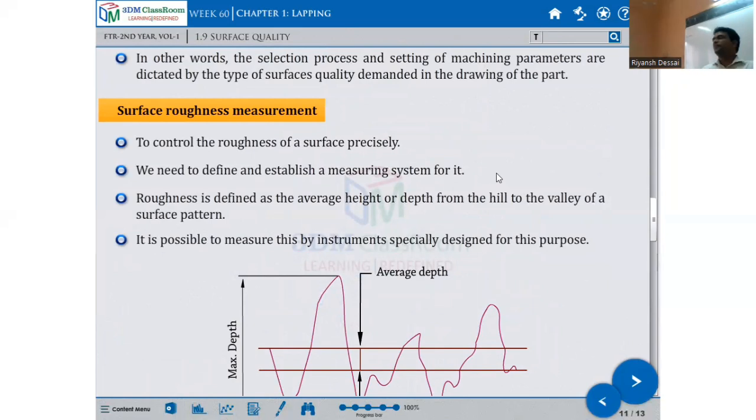Surface roughness measurement. How? Surface roughness test. What is the surface texture and how can we refer to it, from N1 to N? How can we measure the surface texture?